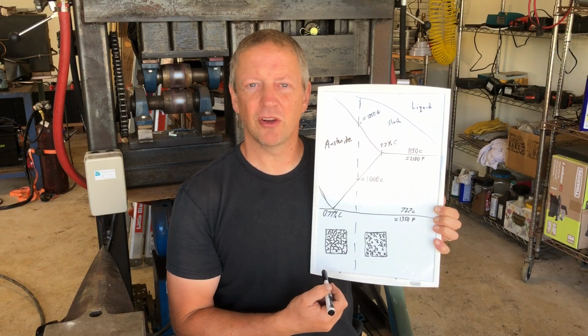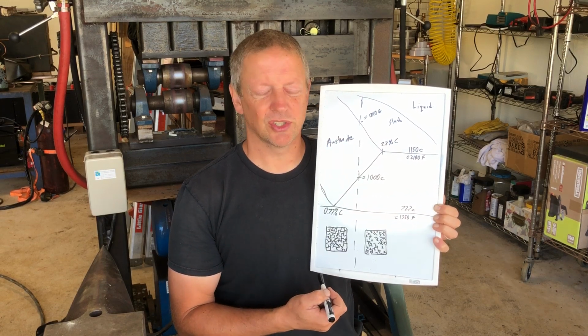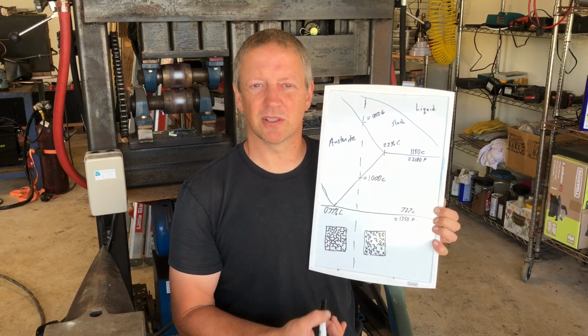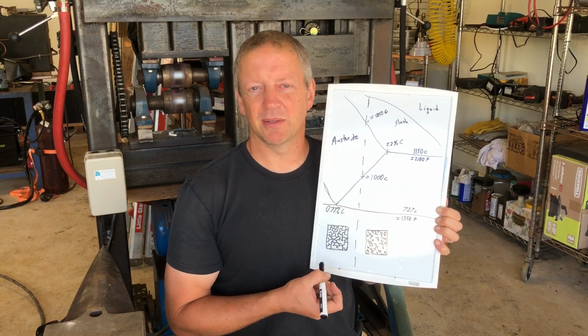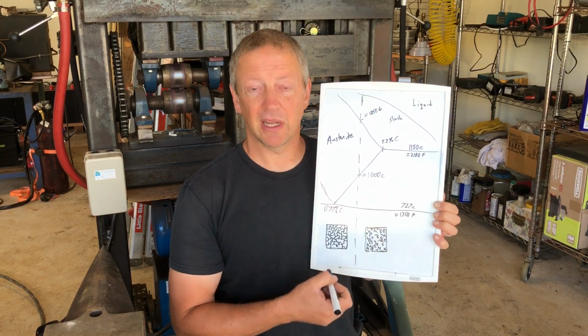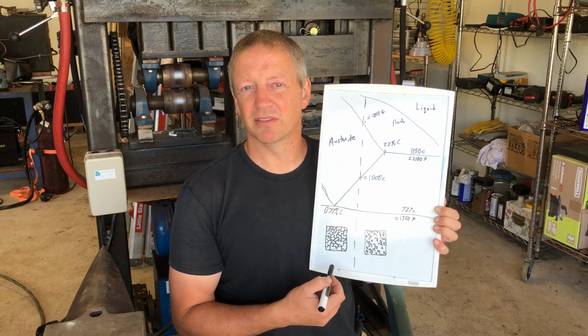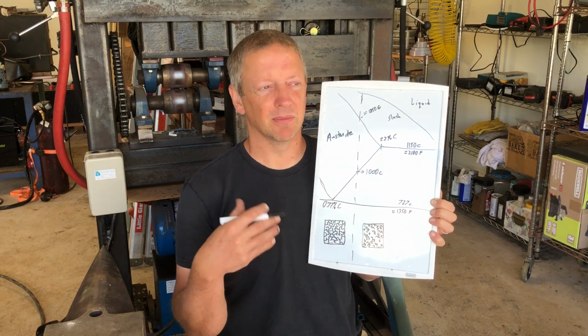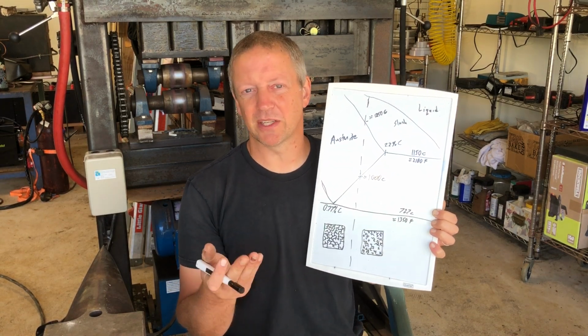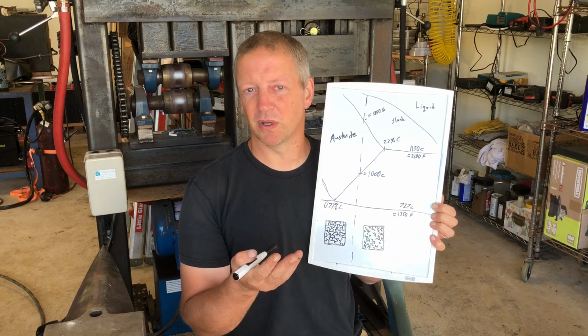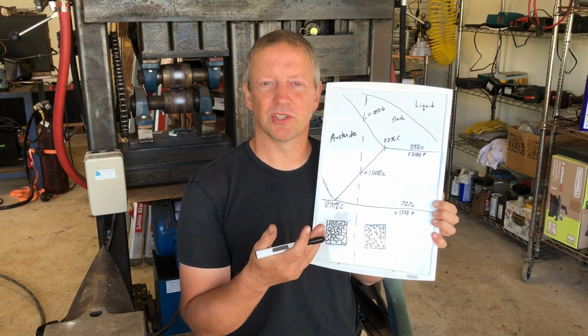In the low temperature range, the subcritical range, at the eutectoid point you have all perlite. Perlite is a very specific mixture of ferrite, which is pure iron, and cementite, which is carbide.